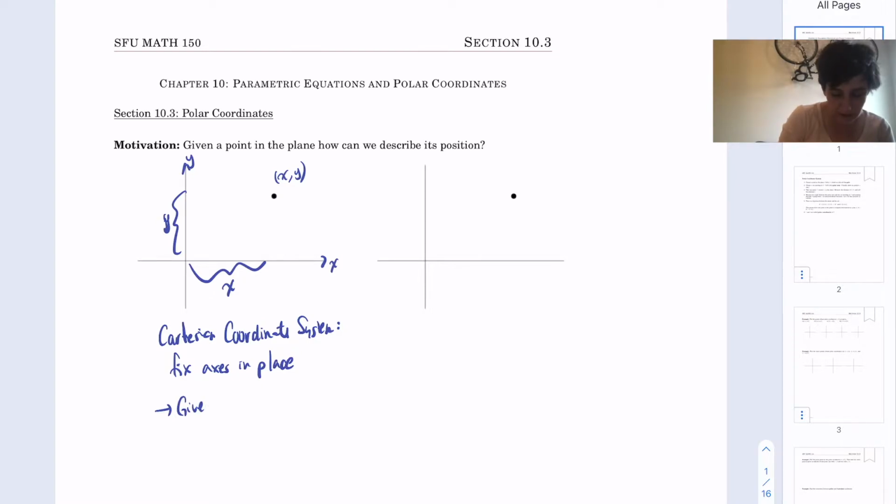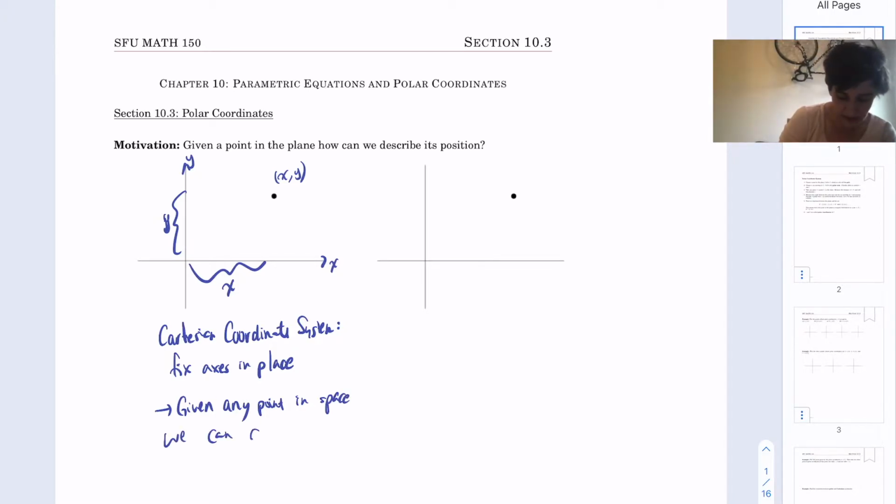So, given any point in space, we don't have to stay in 2D, but can extend to 3D. We haven't done that here, but this can absolutely be extended.